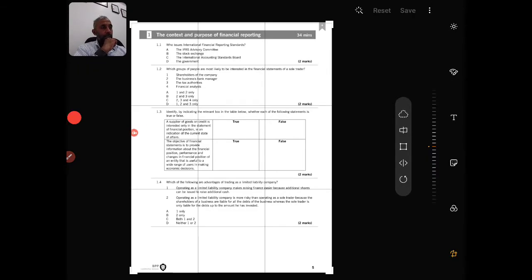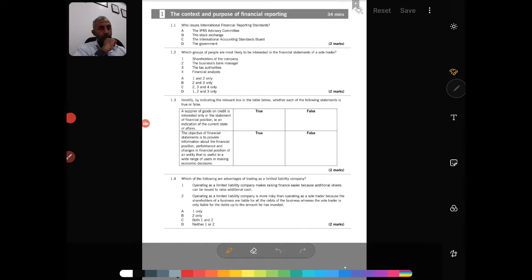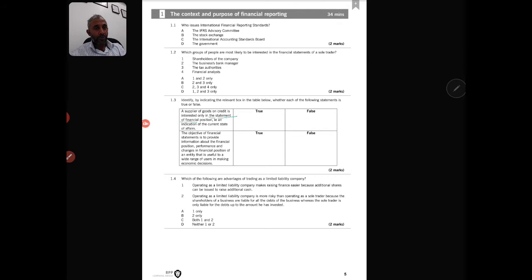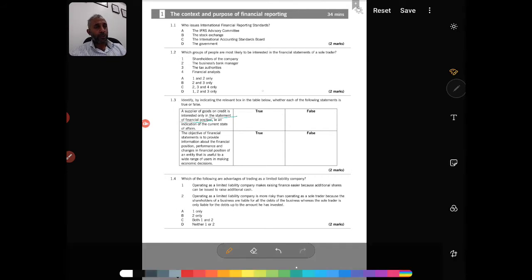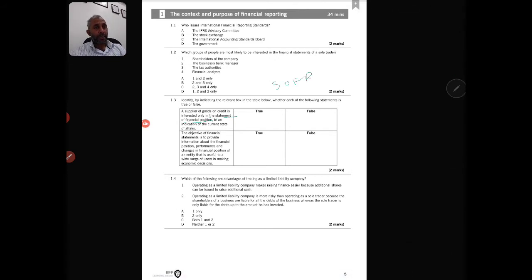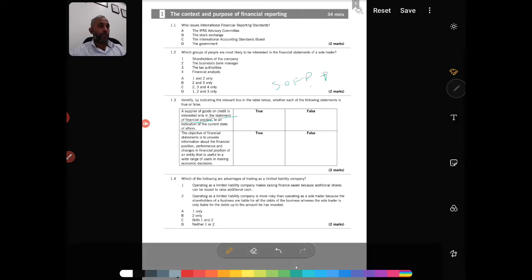The third one, they have given two different statements, and we need to choose whether each given statement is true or false. The first statement: a supplier of goods on credit is interested only in the statement of financial position. So what is the statement of financial position? SOFP. In our previous terms, it is the balance sheet.